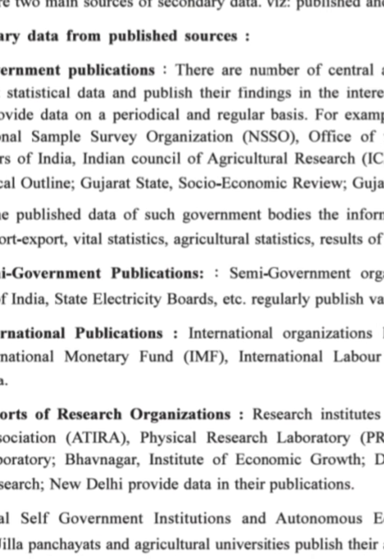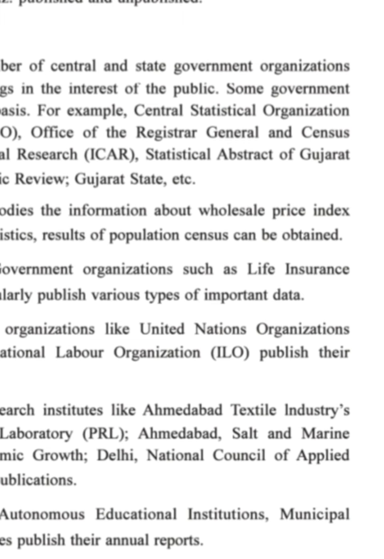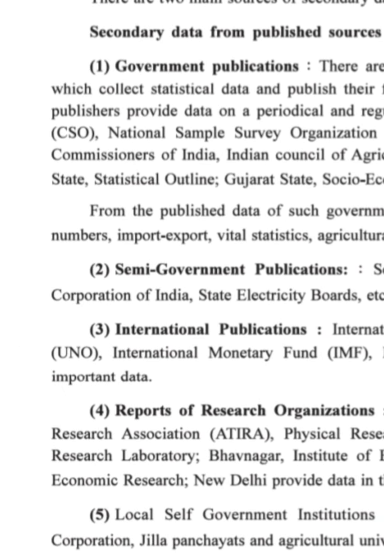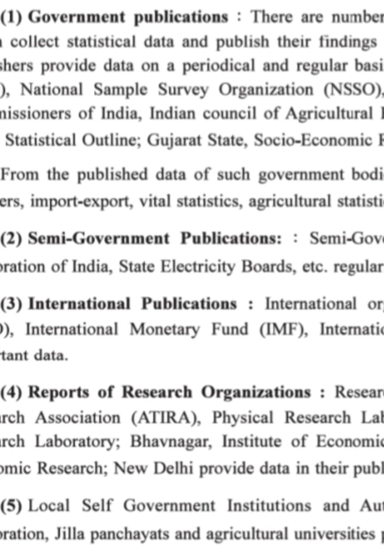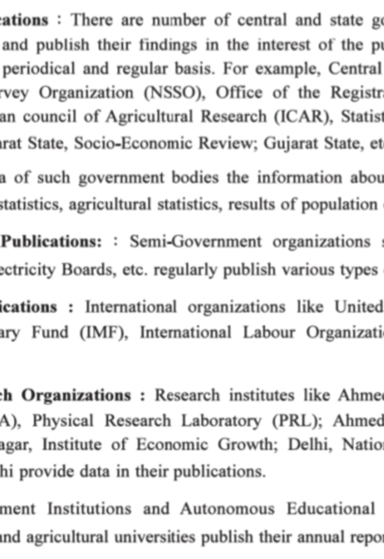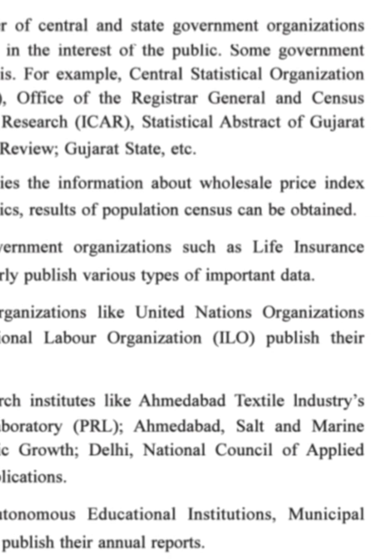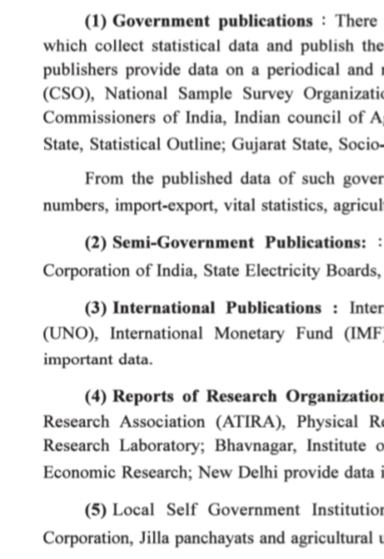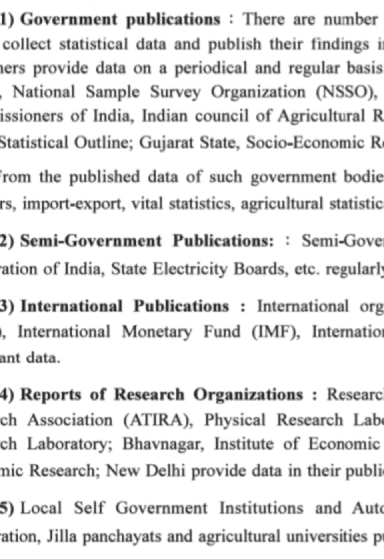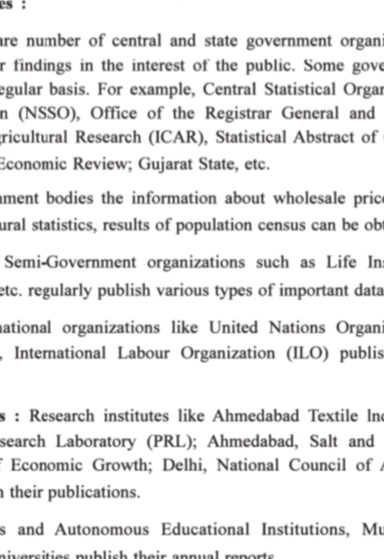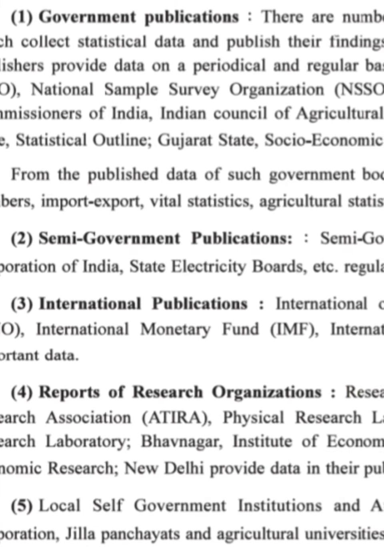Independent research bodies are there. You would find research institutions like the Ahmedabad Textile Industries Research Association, that is ATIRA. Similarly, the Physical Research Laboratory, PRL, which is in Ahmedabad. The Salt and Marine Research Laboratory, which is in Bhavnagar, the Institute of Economic Growth, Delhi, and the National Council of Applied Economic Research, also in New Delhi.